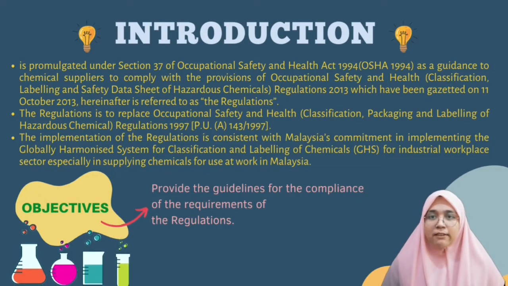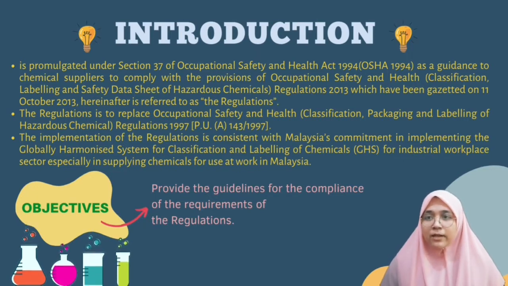The implementation of the regulations is consistent with Malaysia's commitment to implementing the Globally Harmonized System for classification and labeling of chemicals (GHS) for the industrial workplace sector, especially in supplying chemicals for use at work in Malaysia.